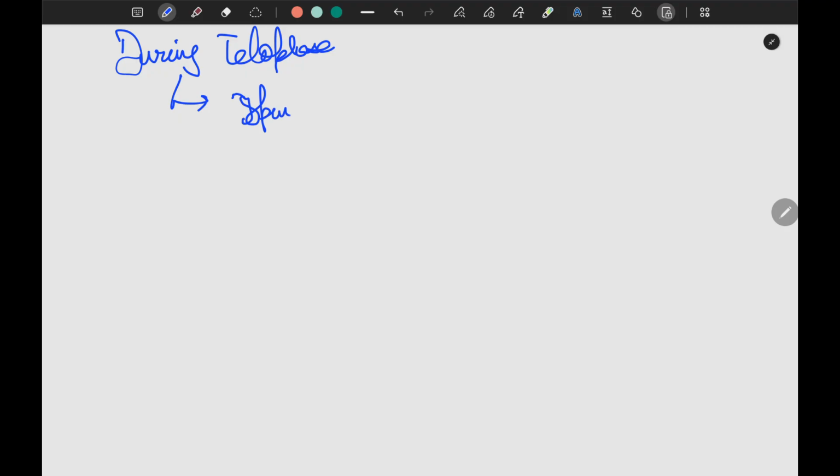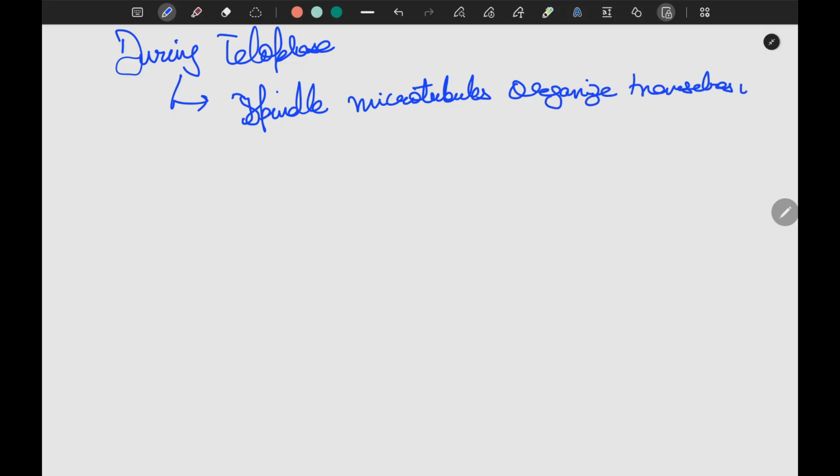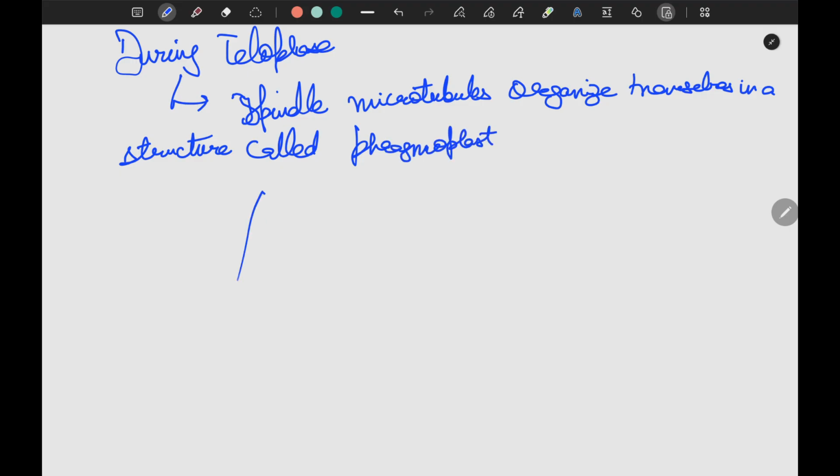Spindle microtubules organize themselves into a structure called phragmoplast. For a simple view, you can say it is just like this.